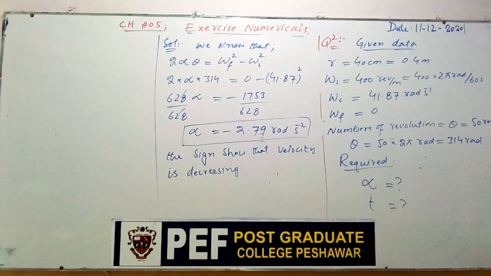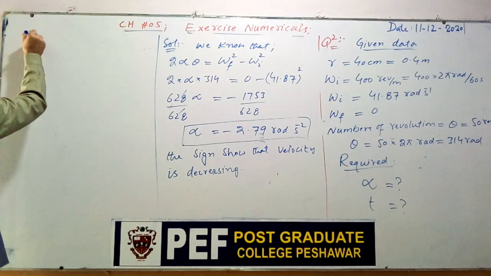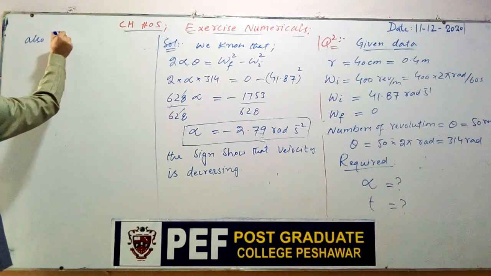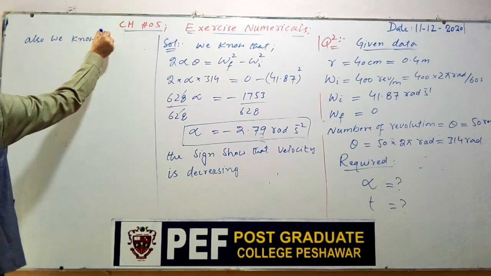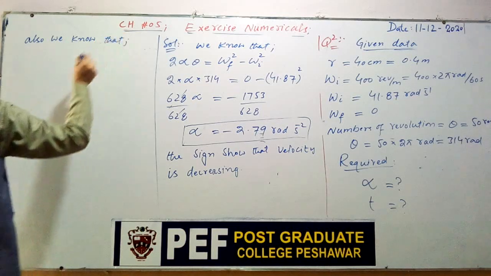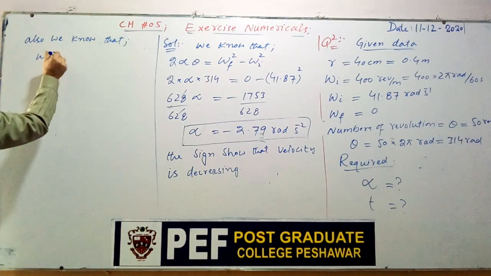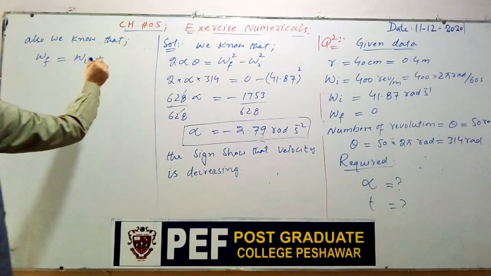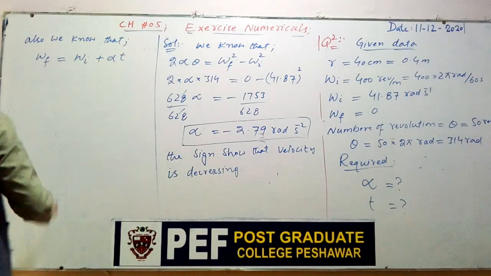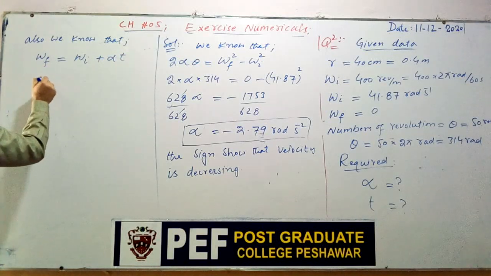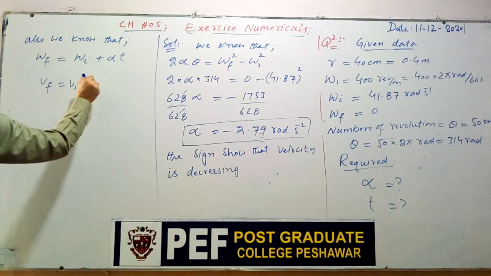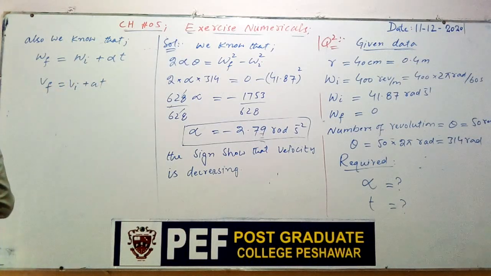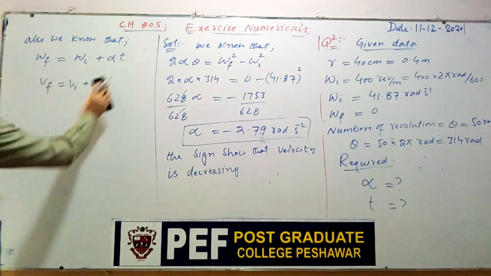We have to apply the first equation for rotational motion. Also we know that omega f is equal to omega i plus alpha into t. This is the rotational motion. We have converted this equation v equal to vi plus at to angular rotational form: omega f equal to omega i plus alpha into t.